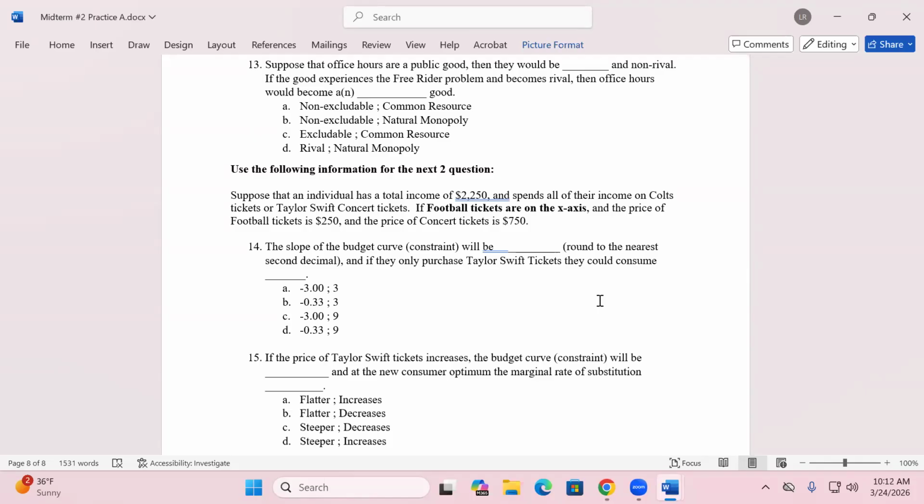We said it's always going to be the relative price of X. Technically, it's negative. It's downward sloping. The relative price of the X good to the price of the Y good. So in this case, that would be the price of a football ticket over a Taylor Swift ticket, which sure enough gives me that exact same value of 1/3.